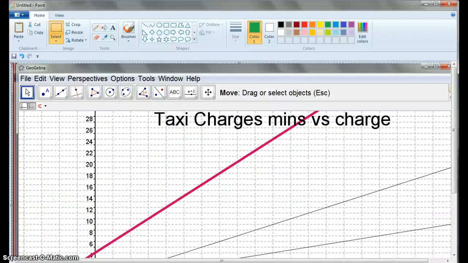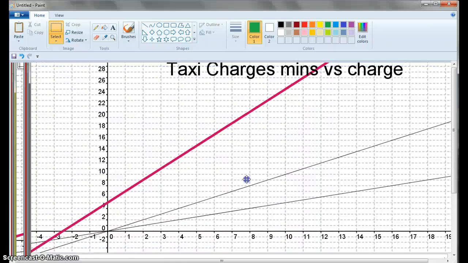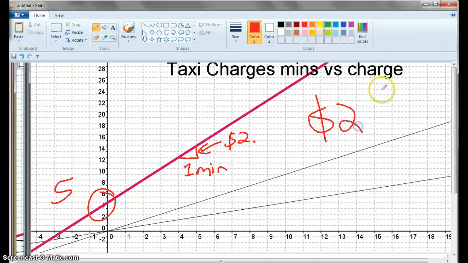So our y-intercept is still 5, but the gradient, if I go across 1, I have to go up 2. So for every 1 minute, there's $2. So it's $2 per minute.